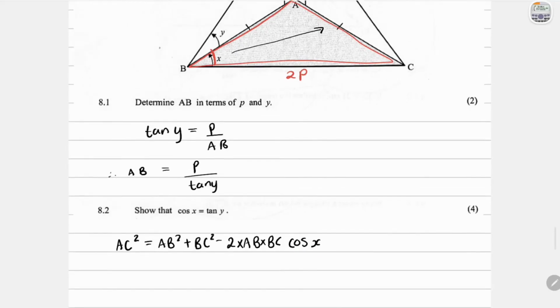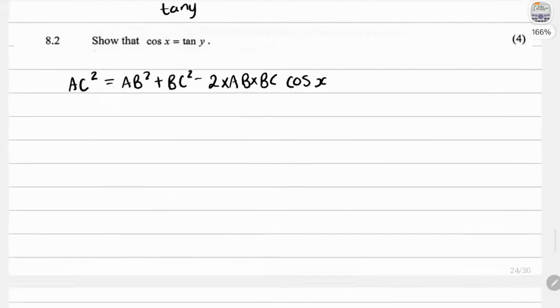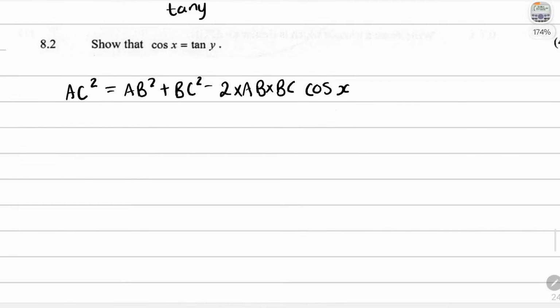I know there's a formula you can memorize to find that angle, but I'll just formulate it here. With this, because there are 3 terms here, but this is negative where we want the cos x.